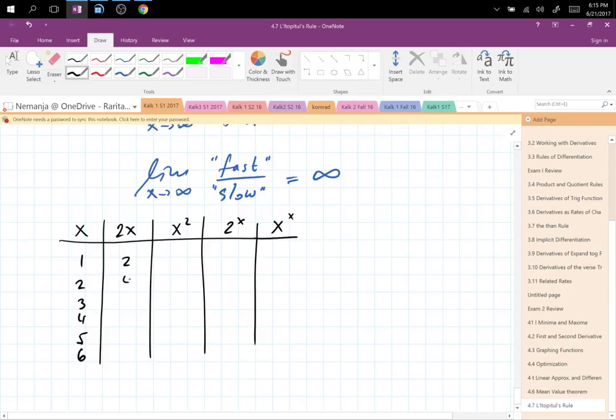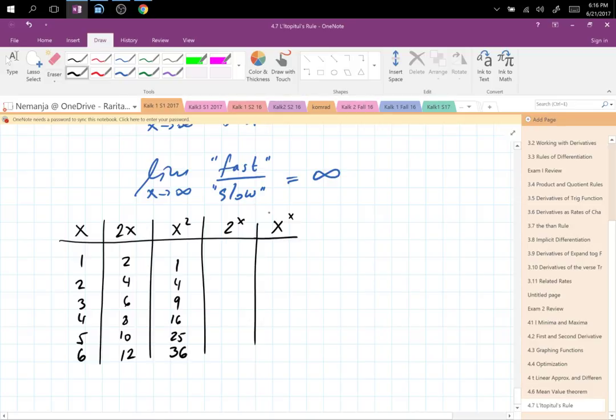Over here you have 2, 4, 6, 8, 10, and then 12. So you see that 2x grows faster than the other one, as all values are larger. Then x squared is 1, 4, 9, 16, 25, and 36, which grows faster than any of the previous ones.